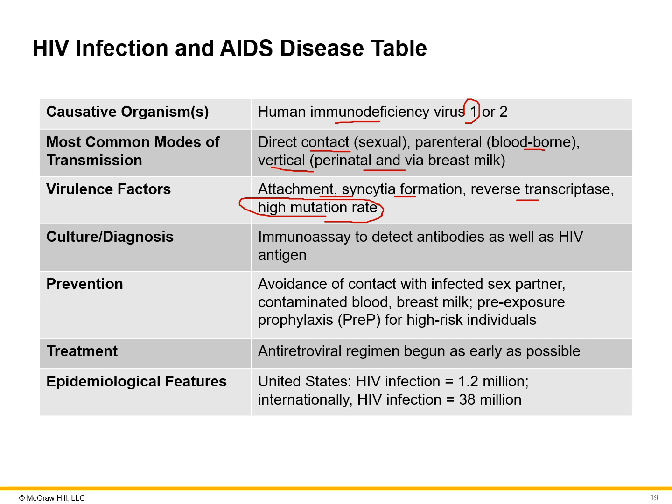Similar to our flu, where we get lots of strains and variations, HIV's high mutation rate makes it really hard to treat. So that's why combination therapy using those antiretroviral drugs is the most prevalent form of treatment.